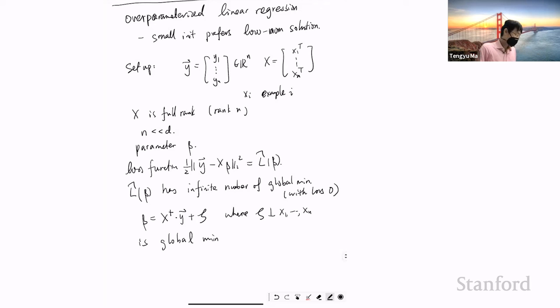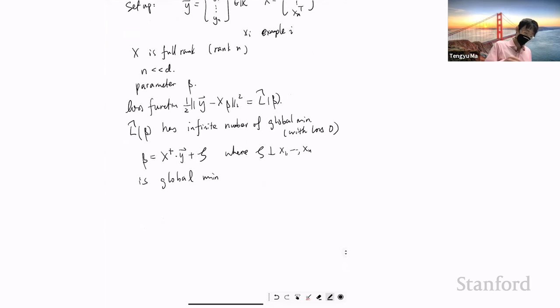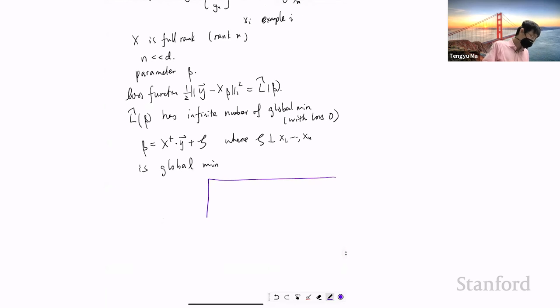As long as your beta has this form, it's a global minimum, and these are actually all the global minima. Last time someone asked about the pseudo inverse, so let me go over some basic properties. My way of thinking about it is slightly different from Wikipedia.